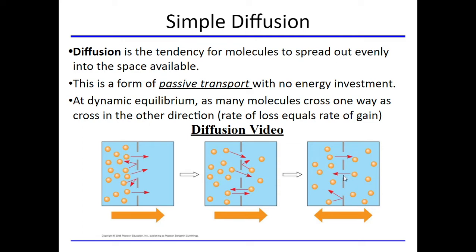Sure, there might be minute differences here or there at any given moment in time, but realistically, none of those changes are statistically significant enough for us to really say that it's not at equilibrium.